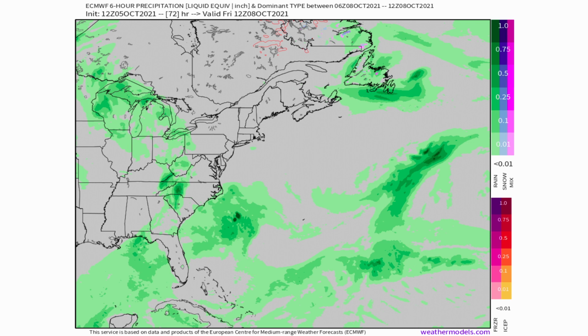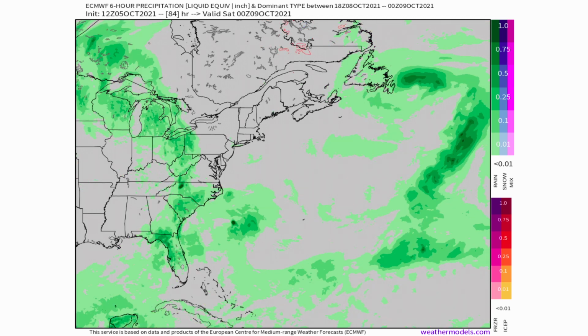Really, the only impacts that will be noticeable will be the rainfall. The wind's not going to be that strong with this event, so I would be surprised if this does become a tropical storm. Not out of the question, but in my opinion, I think it would be definitely a long shot to see some of these storms actually develop.